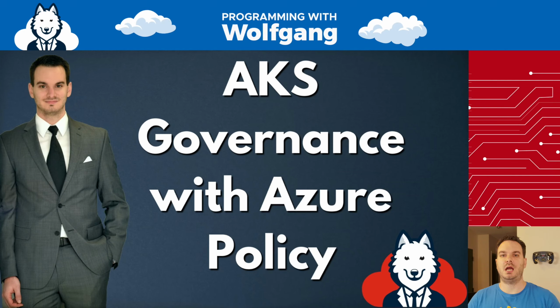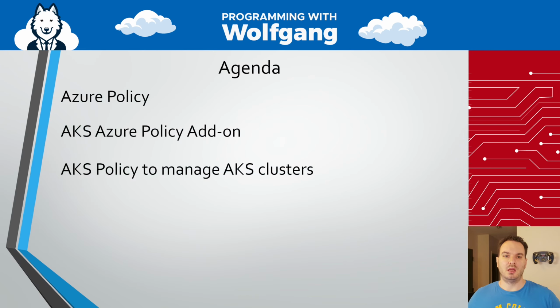Today I want to show you how we can use Azure Policy to enforce rules on all our AKS clusters to make sure that our clusters follow our company guidelines and security recommendations. First, I want to give you an introduction of what Azure Policy is, and then I'm going to show you how we can use the AKS Azure Policy add-on to have Azure policies inside our cluster.